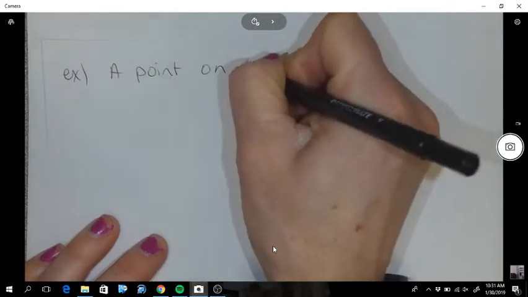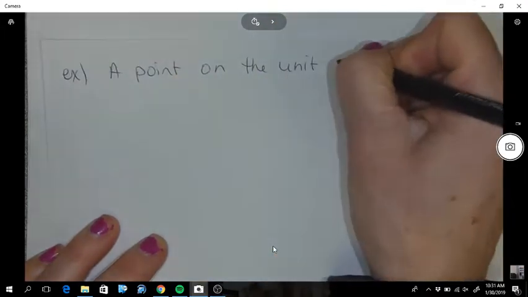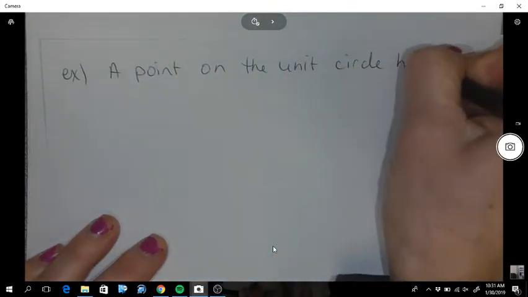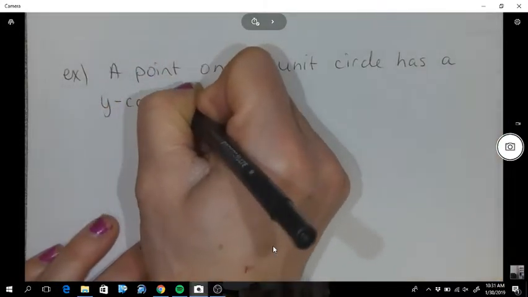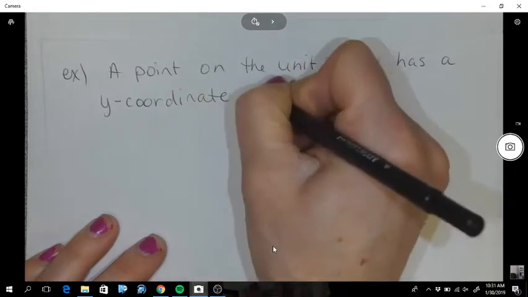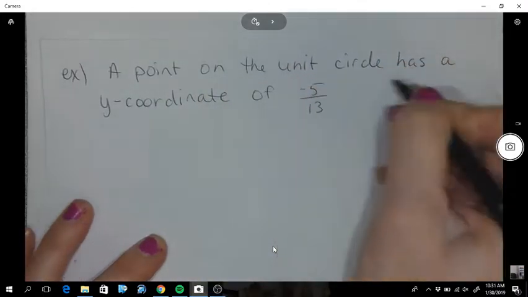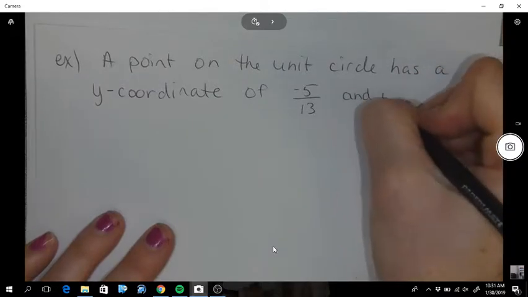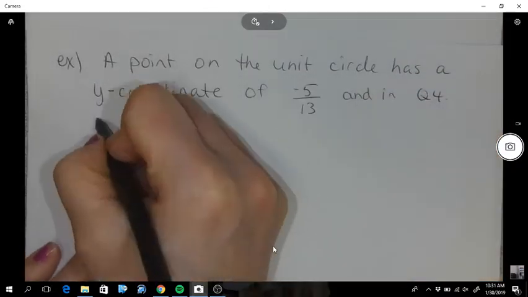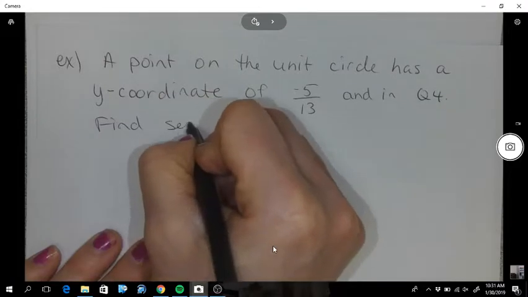A point on the unit circle has a y-coordinate of -5 over 13, and it's in quadrant 4. Find secant of the angle.